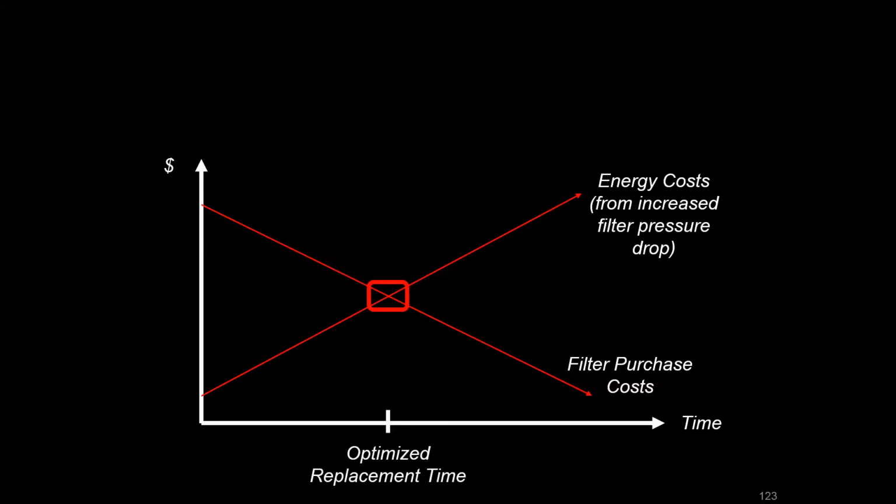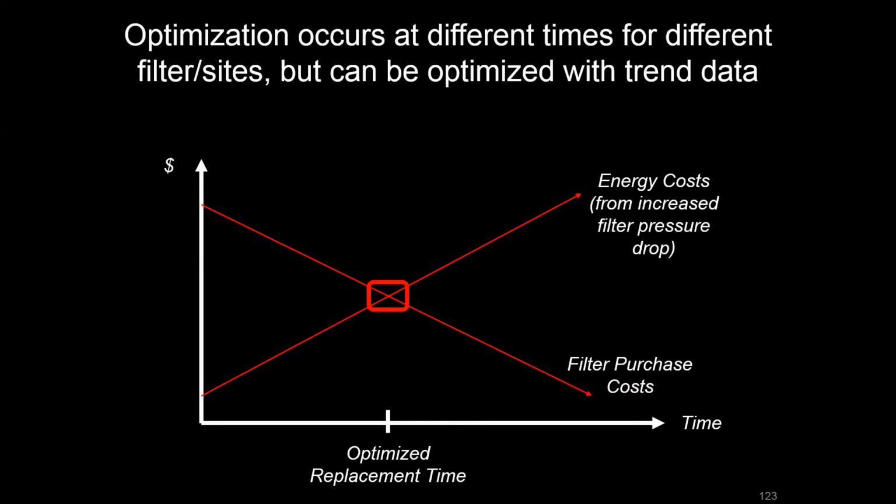So in theory, there's some spot right in the middle, some sweet spot that we would call the optimized replacement time, where you're not doing it too soon and you're keeping your filter purchase costs low, but you're not doing it too late that you have loaded up filters that have a high pressure drop associated with them. And what's really nice is that we have automation systems that could inform us where we can get close to that sweet spot, and ideally change the way that we schedule those filter replacements.